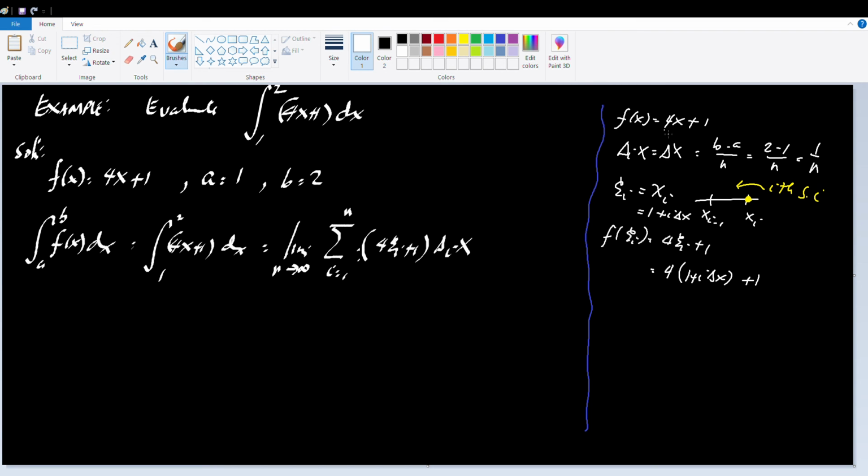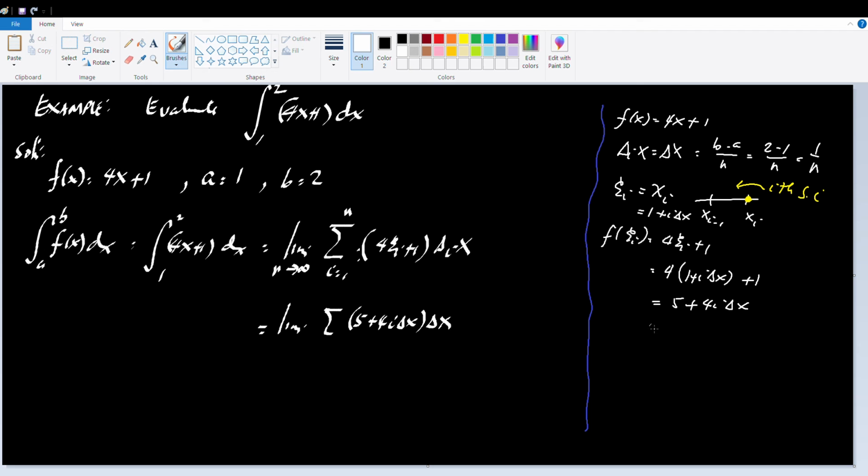F of x is 4x plus 1, so f of c sub i is 4c sub i plus 1. But your c sub i is 1 plus i delta x. So that is equivalent to 4 plus 1, or 5, plus 4i delta x. Alright? So we continue. That will be the limit of the sum of 5 plus 4i delta x times delta x.